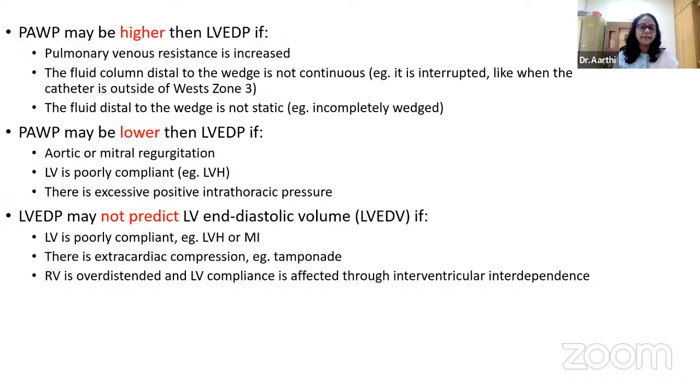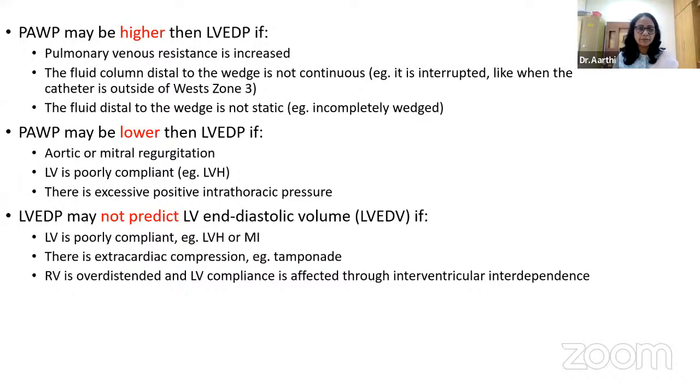And left ventricular end diastolic pressure may not predict the left ventricular end diastolic volume. When measuring a pulmonary capillary wedge pressure, we assume that left ventricular end diastolic pressure is a direct correlation of the left ventricular end diastolic volume, which determines the cardiac output. In certain scenarios that might not be true, where the LV is poorly compliant, for example post-myocardial infarction or left ventricular hypertrophy, where the left ventricular end diastolic pressures are higher.